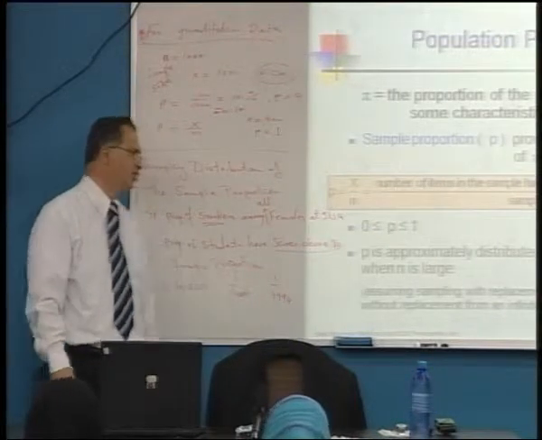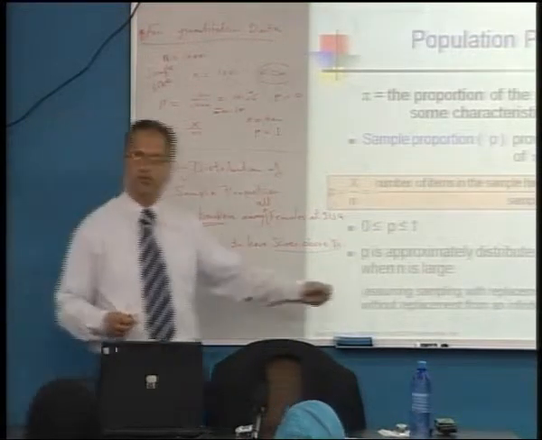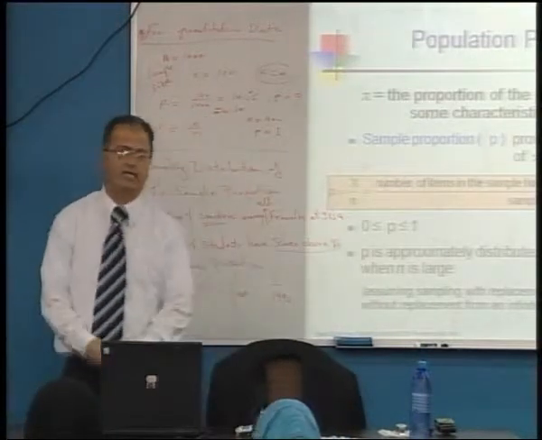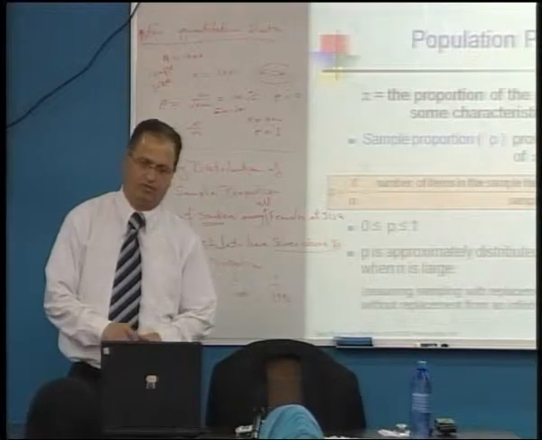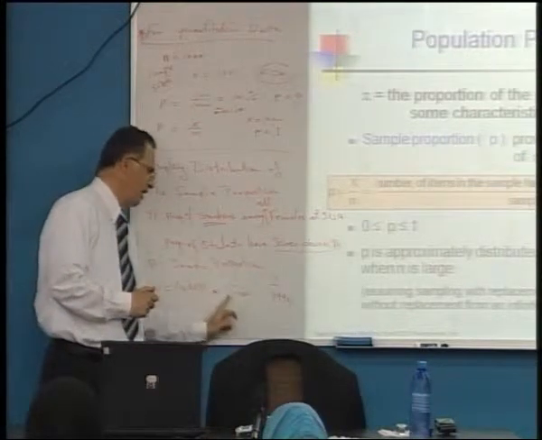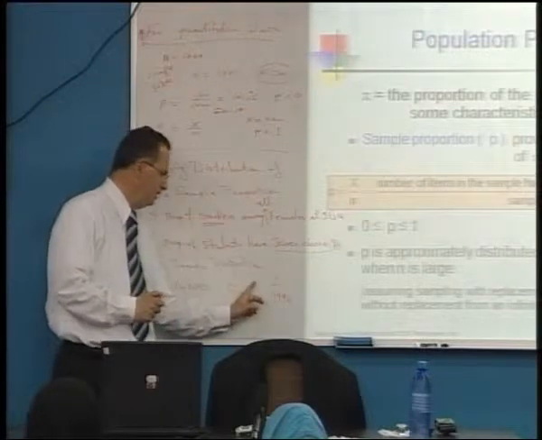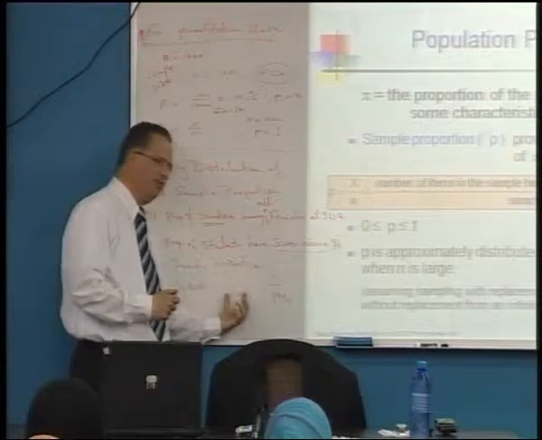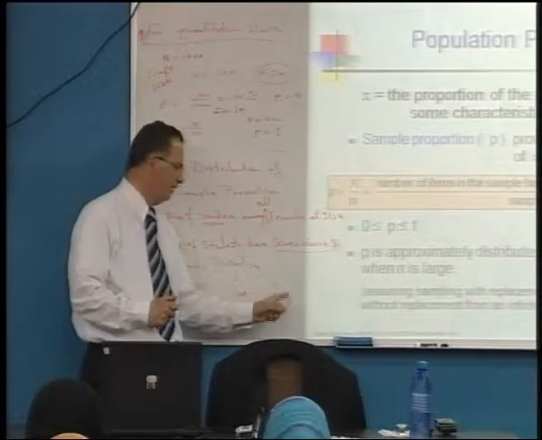For this reason, we can select a random sample without replacement if the population size is large, because the probability of selecting an item from that population remains approximately the same, since 1 over 10,000 is roughly equal to 1 over 9,999.